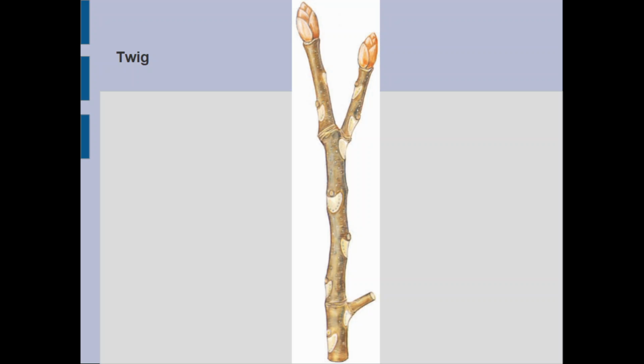So there are two types of stems: herbaceous and woody. And herbaceous differ in structure depending on if they are eudicots or monocots.